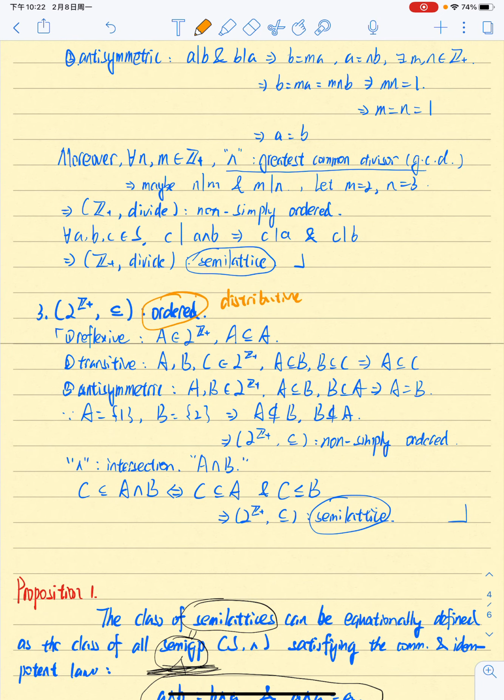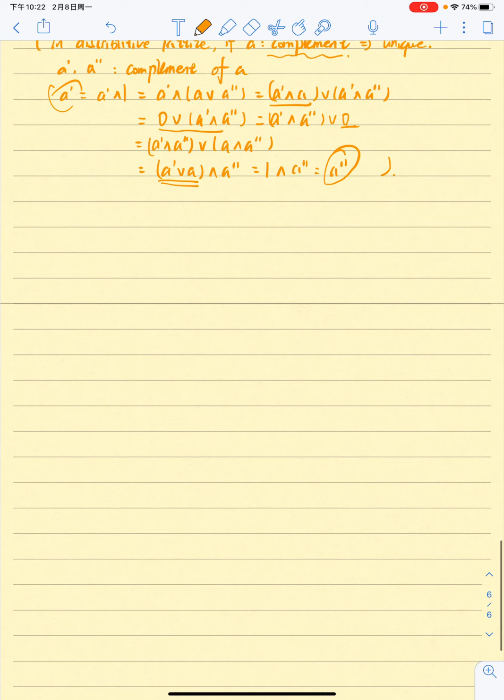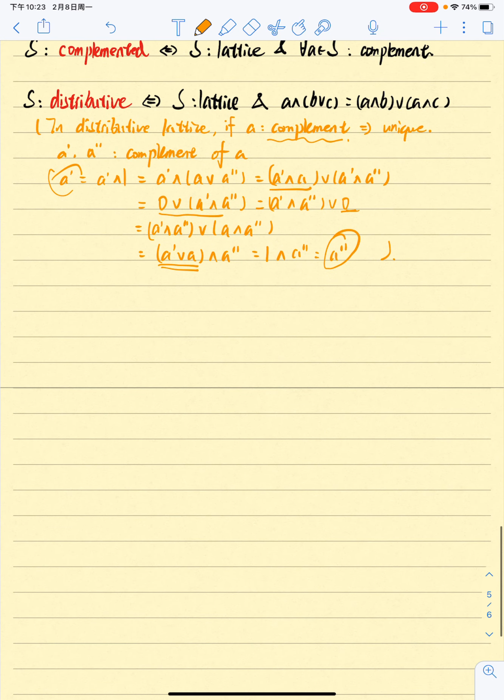Actually, in the third one, this is also a complement. You can prove this by yourself, and I will give you another 3 examples.